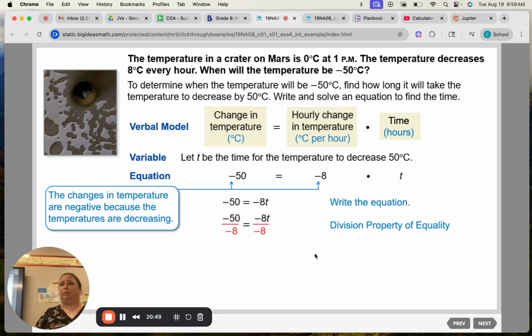That's not going to give you a pretty whole number, I don't think. It's going to give you 6.25 because a negative divided by a negative is a positive. Very good. So time took 6.25 hours. Okay, when you do 0.25 of an hour, how many minutes is that in an hour?